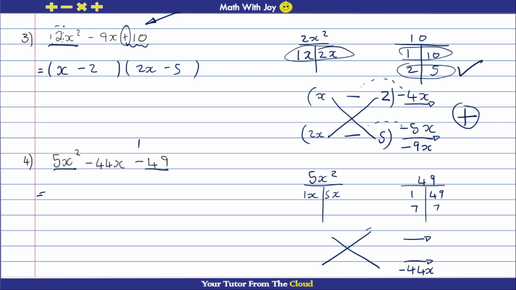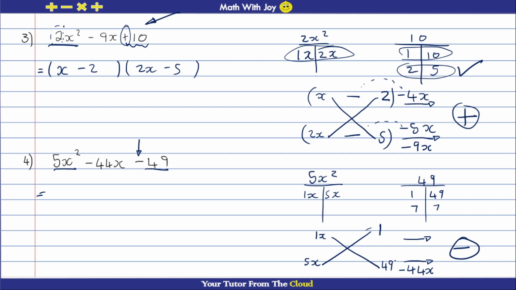Now, according to the C value, it's negative. So these answers must actually subtract to give you negative 44x. So here having 1x and 5x, and then I need to choose the factors of 49 that will eventually lead to negative 44x. So that means that I would have to choose 1 and 49 because I will be cross multiplying them.